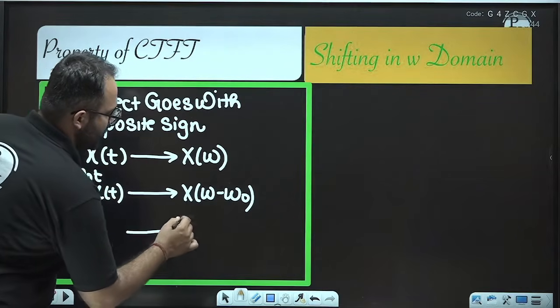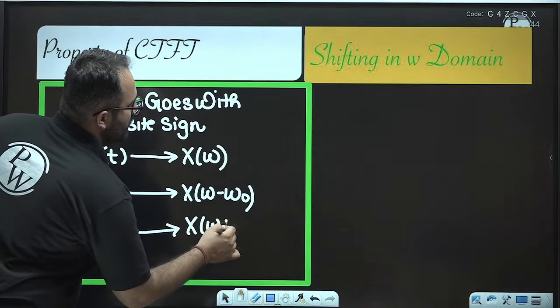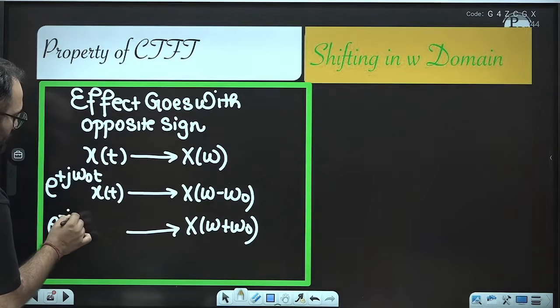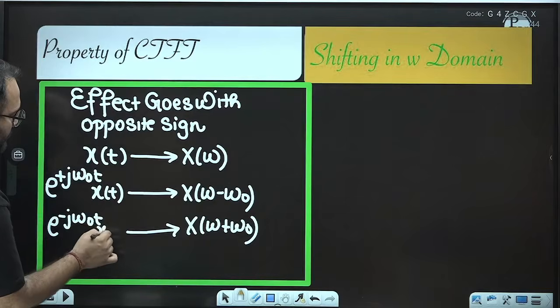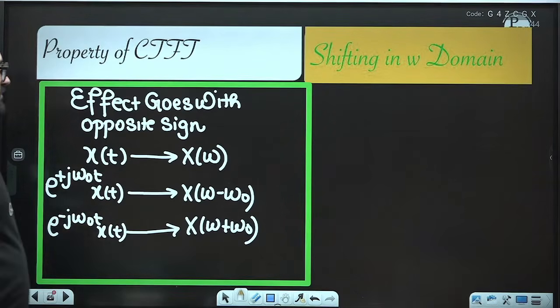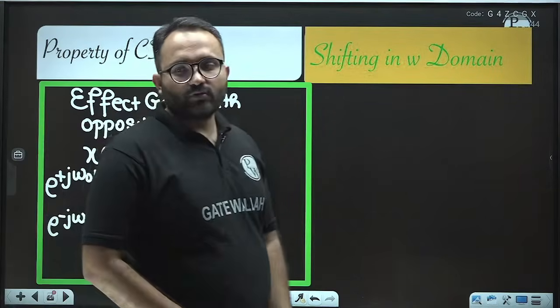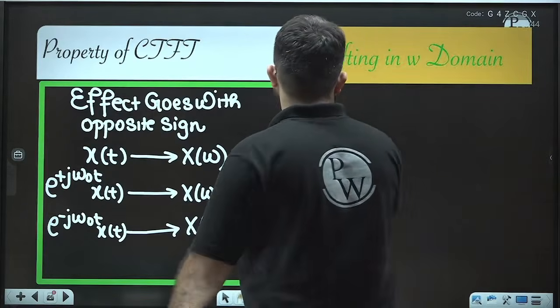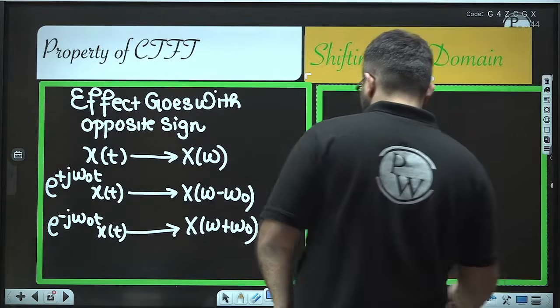Now similarly, if we shift it by plus omega naught, we get the result like this. So these are the results. The effect goes with the opposite sign. So why is this property important? Let me tell you with the help of an example.